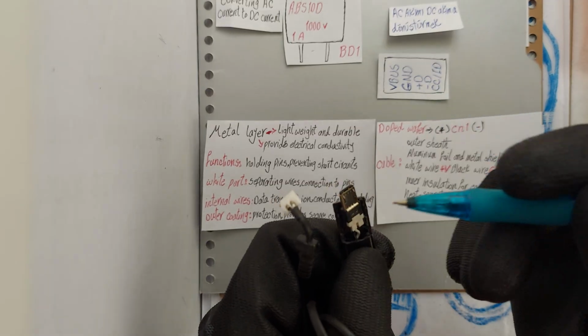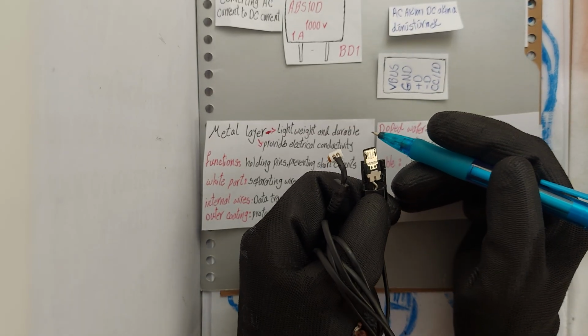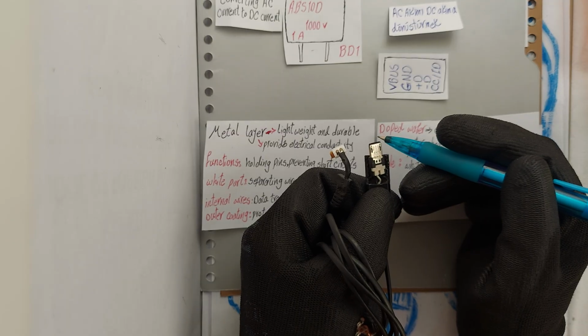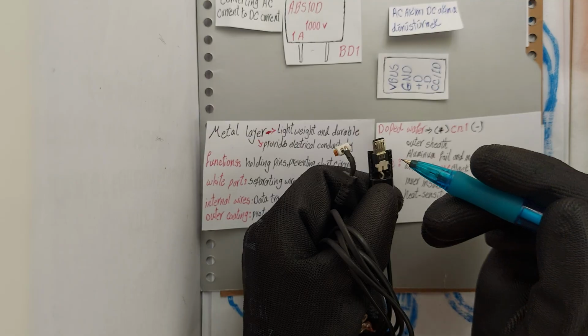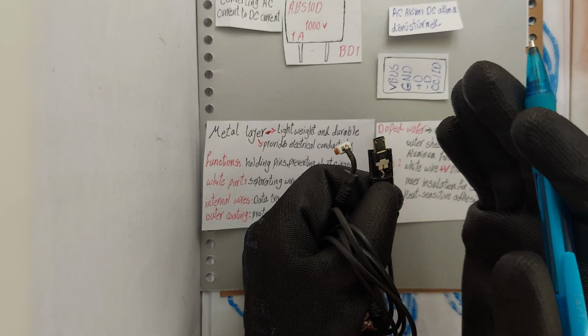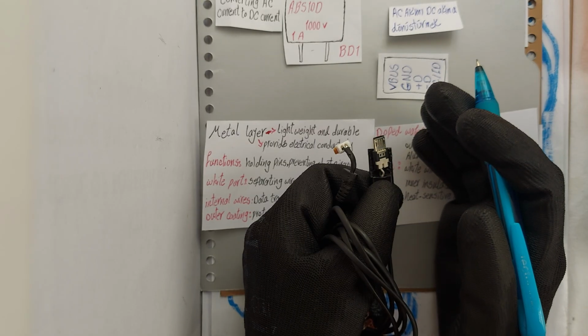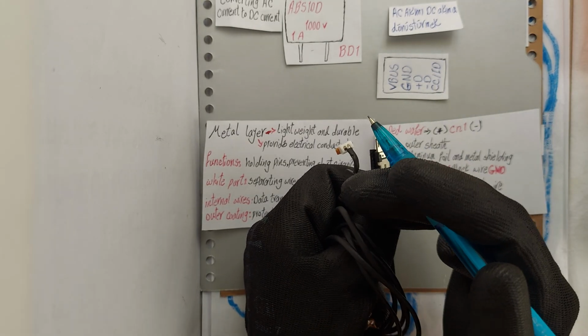Then we have a metal layer right here, as you can see. The metal part surrounding the pins is likely made of aluminum or a lightweight alloy. This metal layer is light and durable. Aluminum is ideal due to its low weight and good durability, protecting pins from pressure and impact.